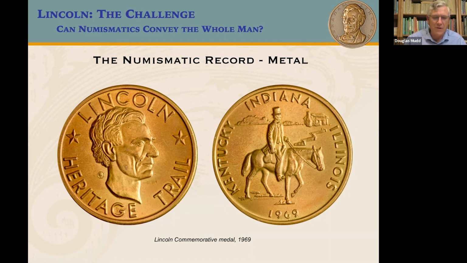So here's an example of what happens with low quality workmanship and not much attention to detail. You get poor quality images representing Lincoln, and in this case, it's related to where he was, Kentucky, Indiana, Illinois, and I don't think it's a great commemorative for Lincoln.